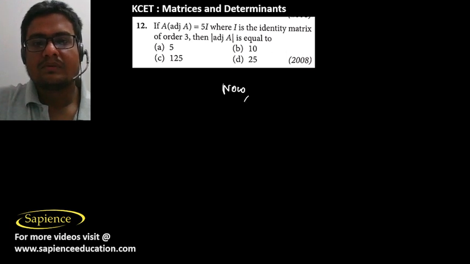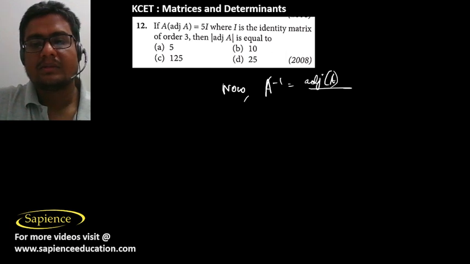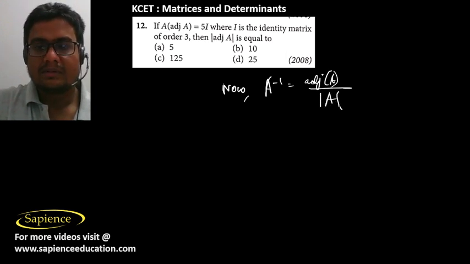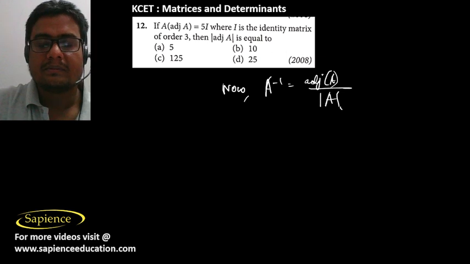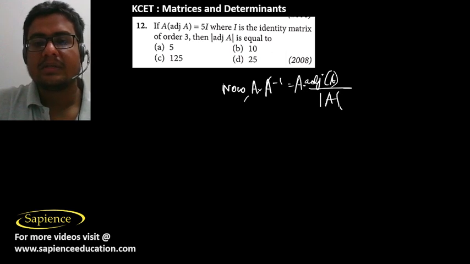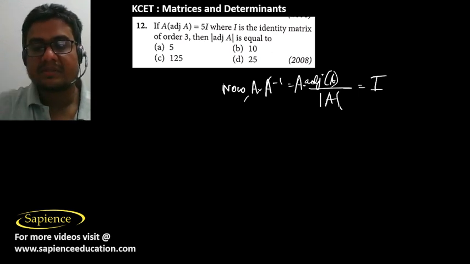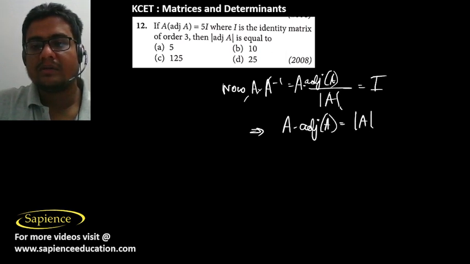Now the rule is that we know that A inverse is equal to adjoint of A divided by the determinant of A. So A into A inverse, that is A into adjoint of A by determinant of A, is equal to I. I is the identity matrix of the same order as that of A. So A into adjoint of A is equal to the determinant of A into I.